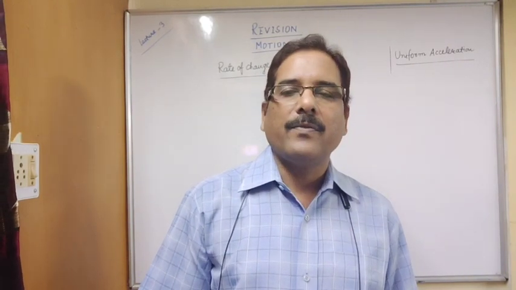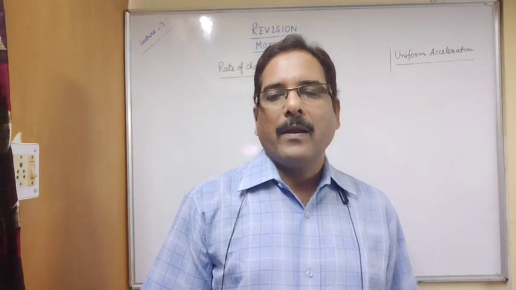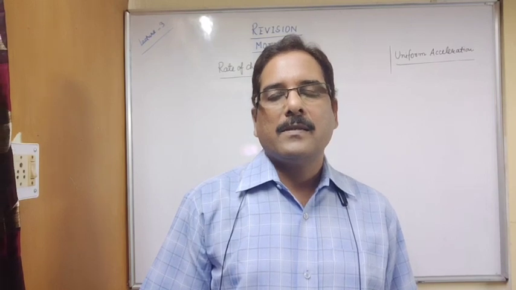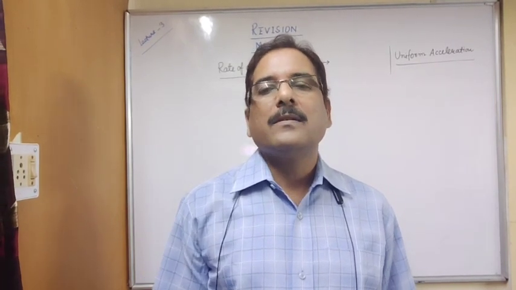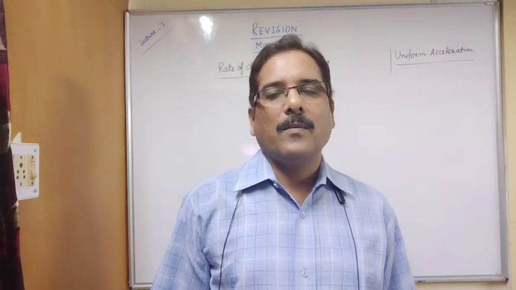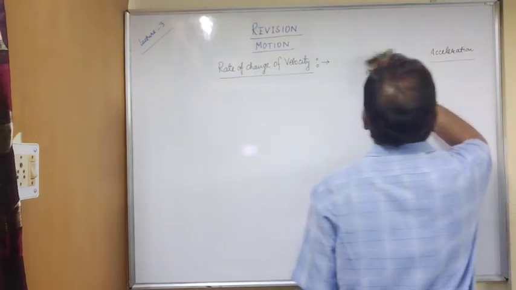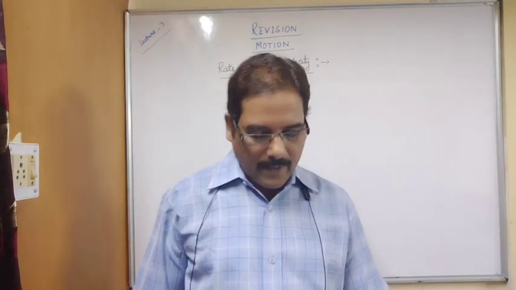Similarly, you can define for non-uniform acceleration, the body is said to be in non-uniform acceleration if its velocity changes by unequal amount, increases or decreases by unequal amount in equal interval of time. So you must write the definition of these two terms, very important terms.